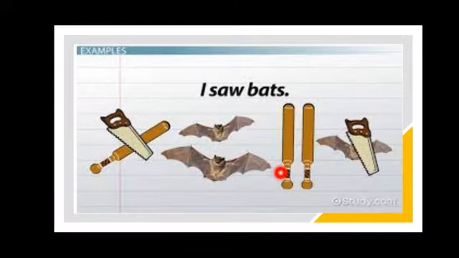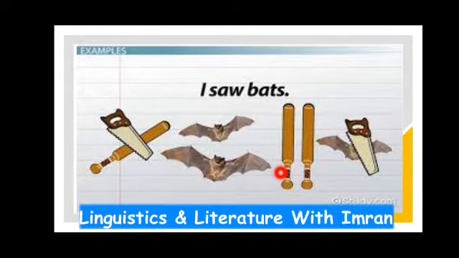Here we have an example of lexical ambiguity. For example, if I say I saw bats, bat can mean a piece of wood with a handle, like this is a bat, or these are bats. Or bats can also mean an animal like a mouse with wings.